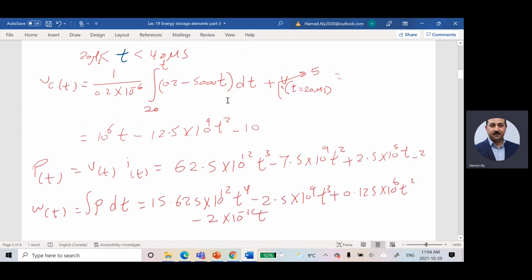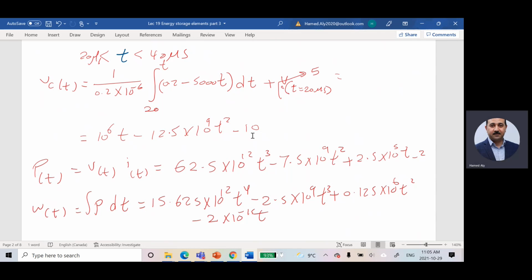If you substitute t equal to 40 microsecond, you will find 40 times 10 to the power 6 minus 12.5 times 10 to the power 9 times 40 microsecond square minus 10. So it will give you a number, right? This is the value of V for t equal to 40 microsecond.